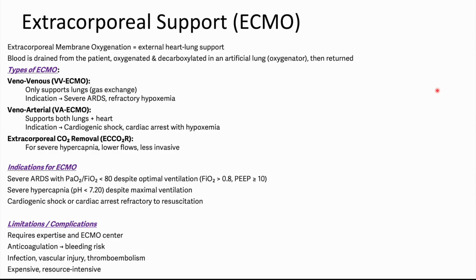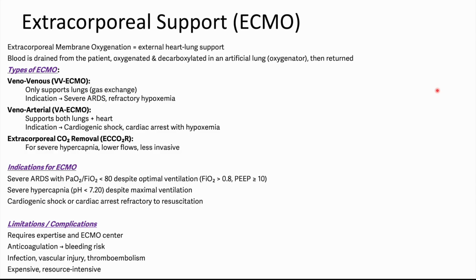So venovenous is used in ARDS refractory hypoxemia. Veno-arterial ECMO is used in cardiogenic shock. Usually you can see this veno-arterial ECMO in end stage of cardiac arrest. So they will put them on veno-arterial ECMO, and extracorporeal CO2 removal is for severe hypercapnia.